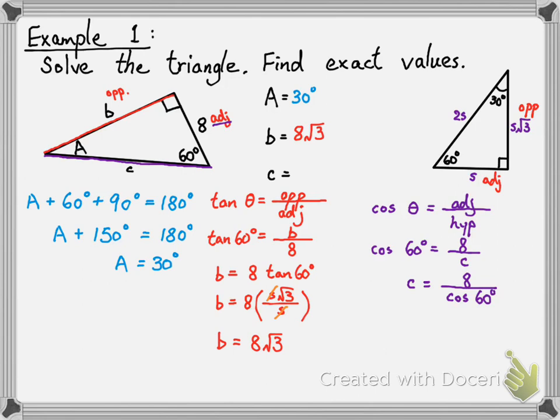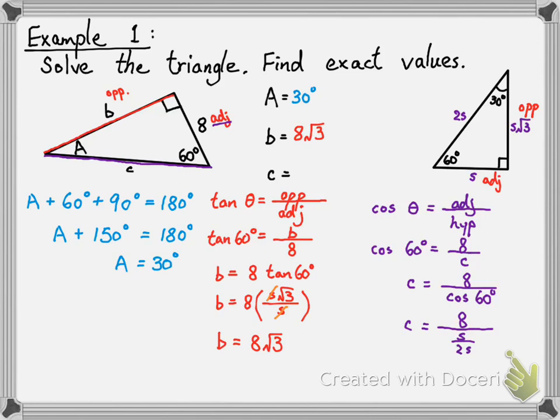Now let's try again to use the special triangles ratio to find out what is cosine 60 degrees. That's right. Cosine 60 degrees equals adjacent side s over hypotenuse side 2s.